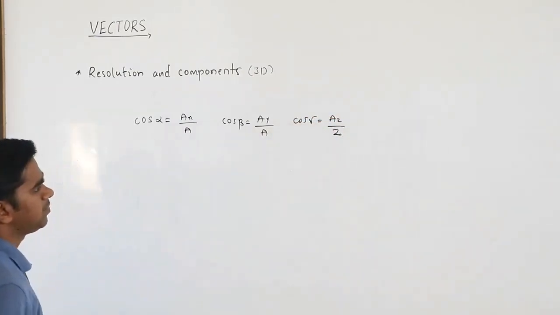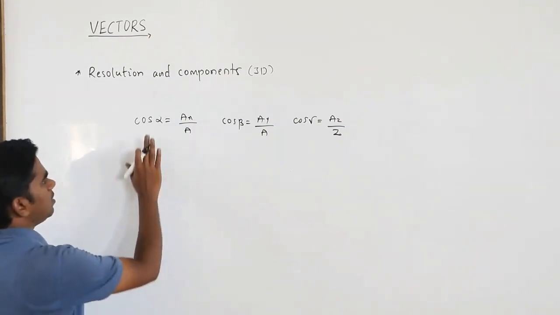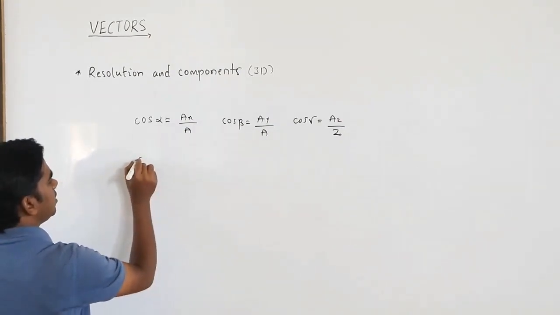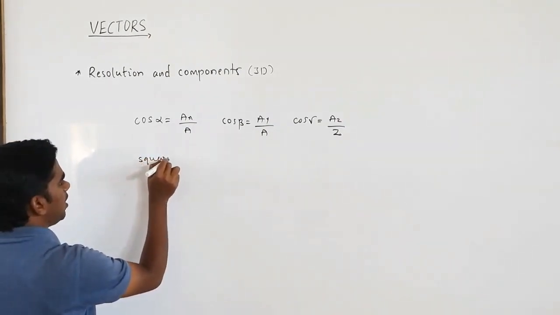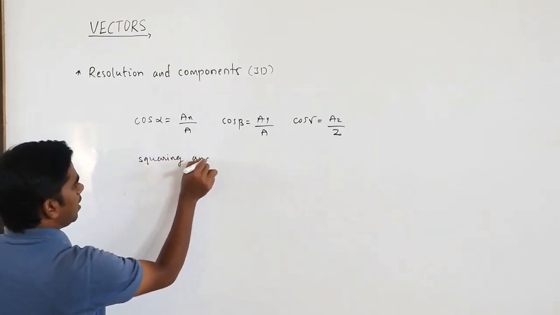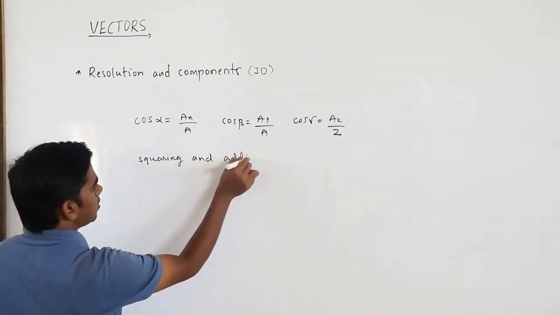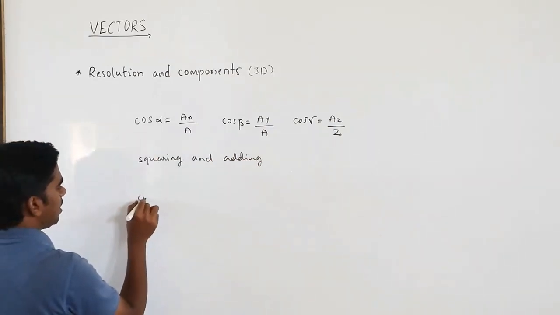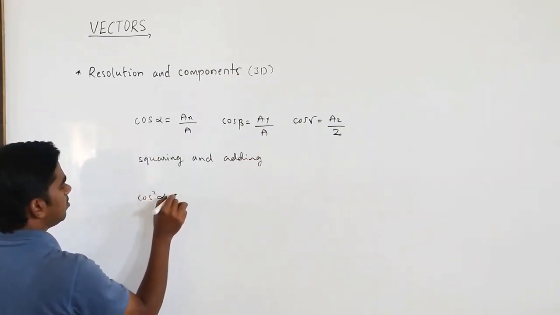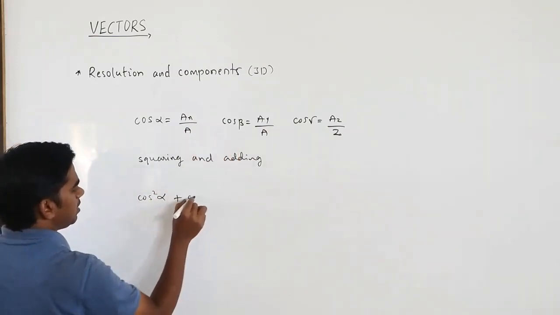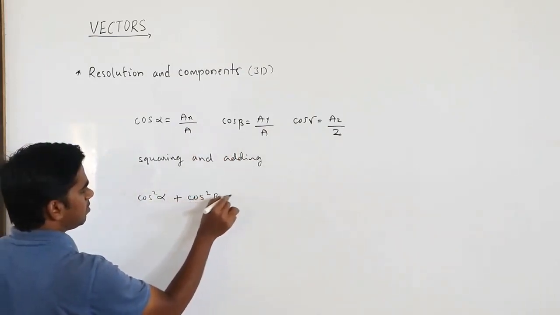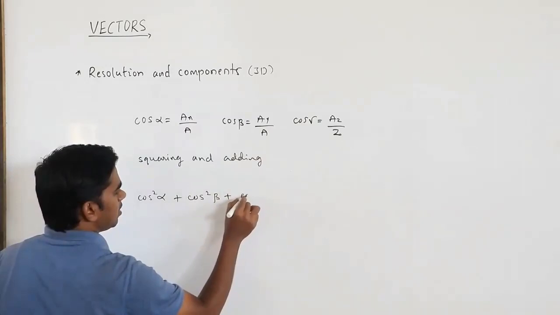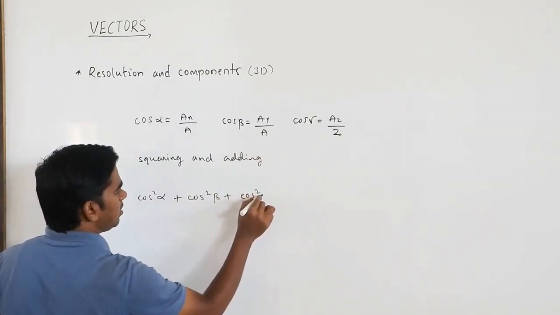So see here, now square and add all these three. Squaring and adding, this will become cos square alpha plus cos square beta plus cos square gamma. What I am doing, I am squaring and adding.